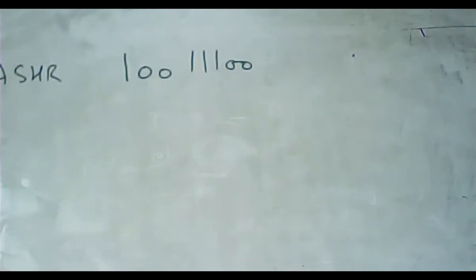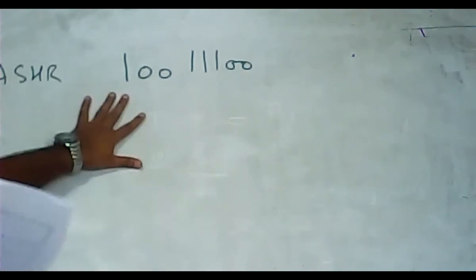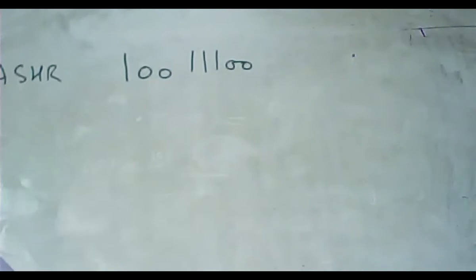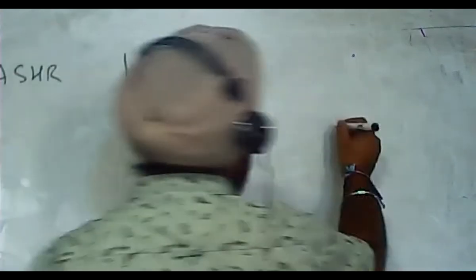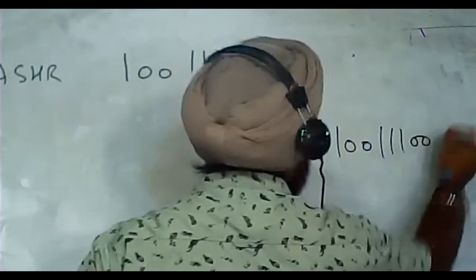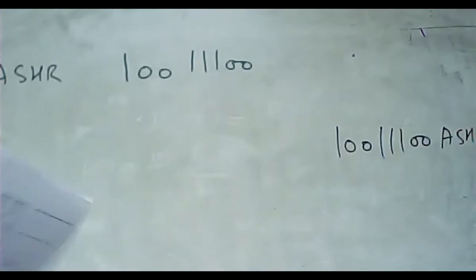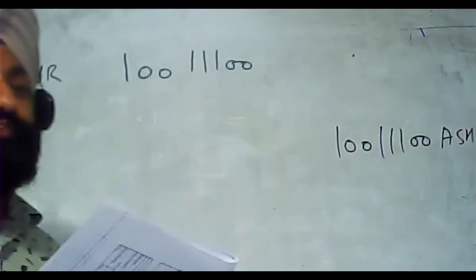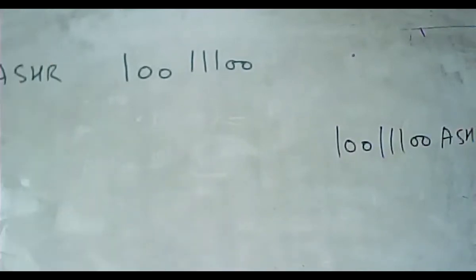ASHR, you have to perform the arithmetic shift right operation, starting from the initial number, that is the same number. Then determine the register value after an ASHL, right? Again, you need to perform ASHL on 10011100 and state whether there is an overflow or not.